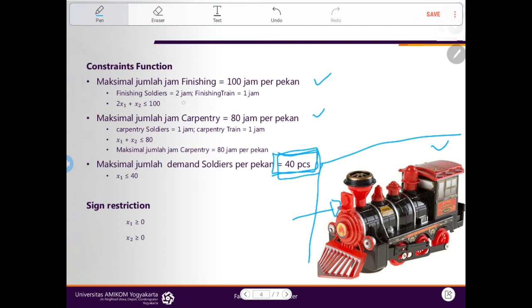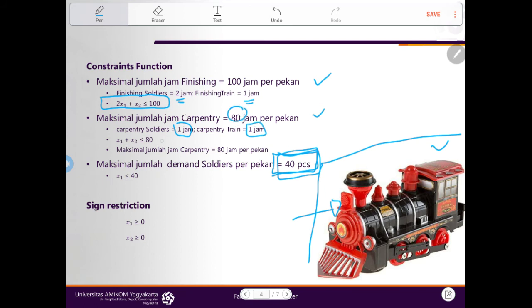So finishing for soldiers is 2 hours, finishing for train is 1 hour. So this is the constraint of finishing hours. To make the soldiers, you need carpentry 1 hour, and carpentry for train is 1 hour.